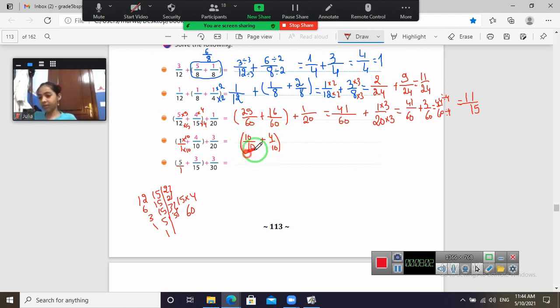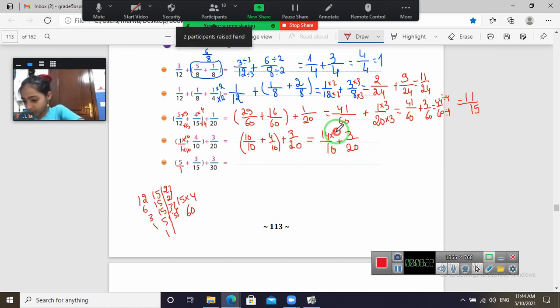It will be 14 over 10 plus 3 over 20. 20 and 10 are multiples. We multiply 10 by 2 and we get 20. So it will be 14 over 10 plus 3 over 20.